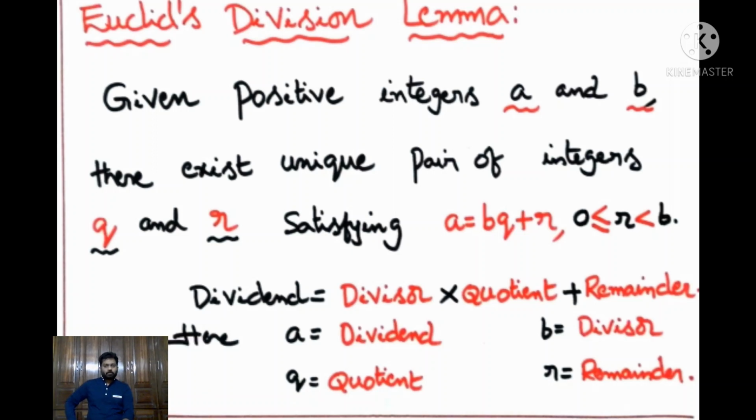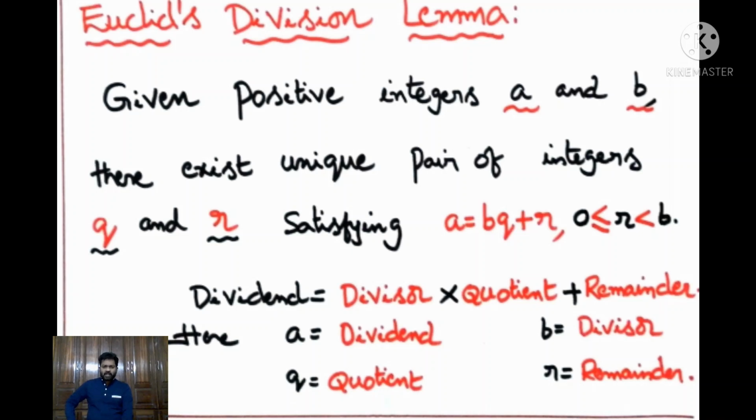Now, I will explain about Euclid's division lemma. This is a very important concept in real numbers. Given positive integers a and b, there exists a unique pair of integers q and r satisfying a equal to bq plus r, 0 less than or equal to r less than b.